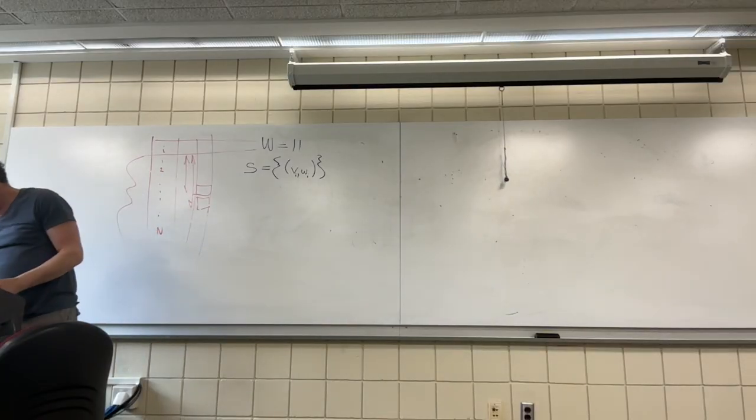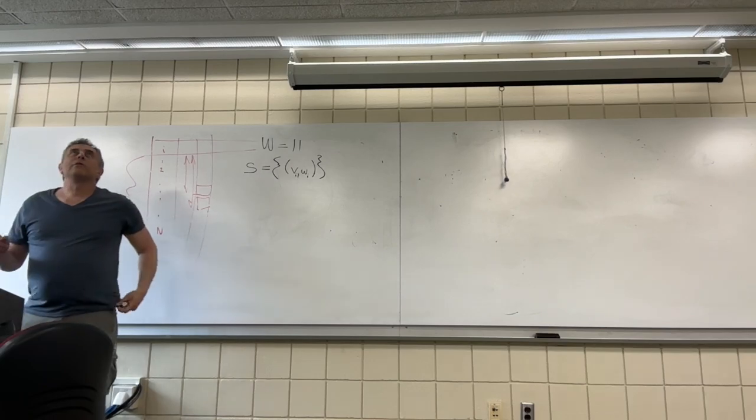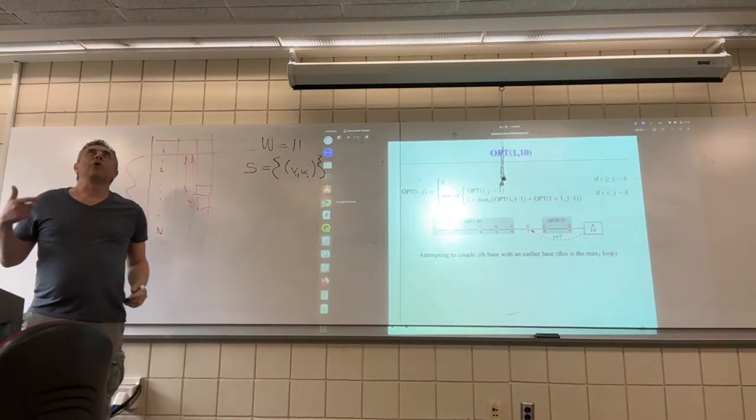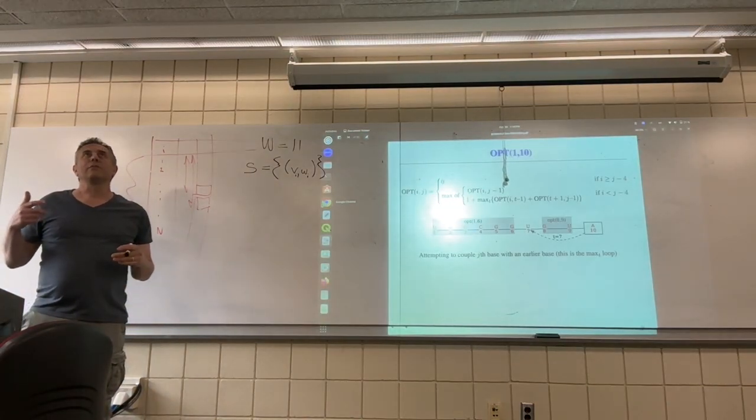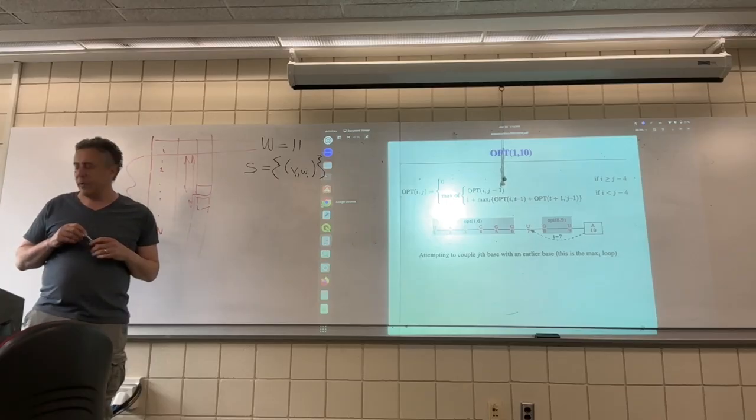You started with no items, then 1 item, 2 items, 3 items, 4 items, all the way up to the total number of items you have on the left. So of the 2 dimensions, which one was the weight and which one was the items? The x axis, the top label, was the weight. Yeah.